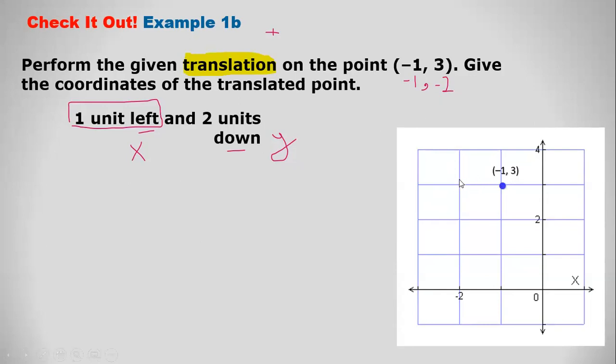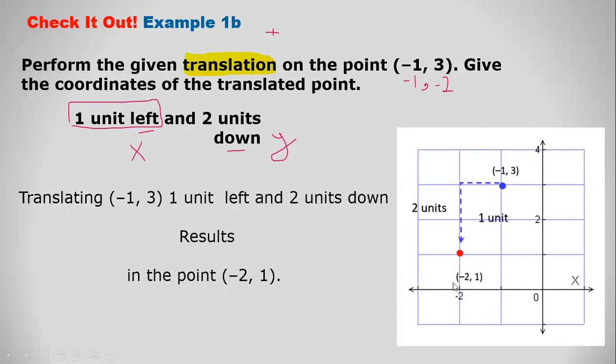Then this point moves 2 units down: 1, 2. So this is the new point. The answer is (-2, 1). You can check here: negative 1 becomes negative 2, and 3 becomes 1.